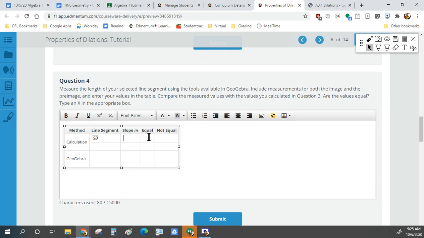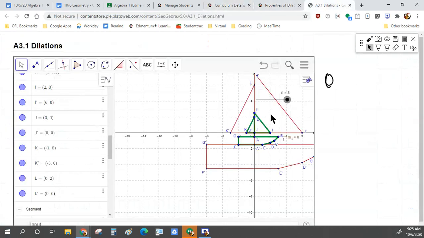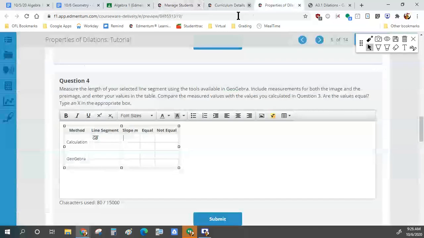You don't have to do the actual formula, just do your rise over run. So if we're doing GB, GB is 0 over, what is this? This is 2 all the way to 3. So 2 all the way to 3. So that's a run of 5. So 0 over 5.